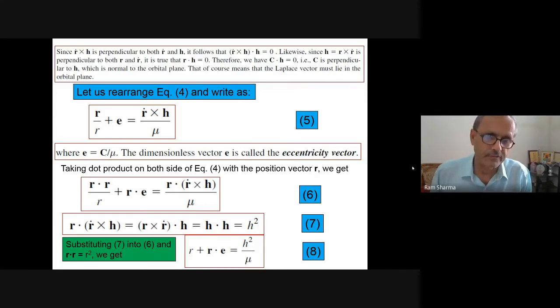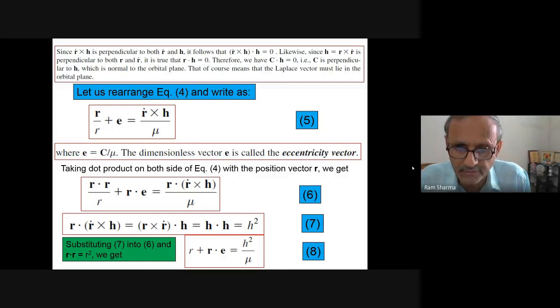Now R dot R cross H is equal to H square. So you replace that, and R dot R is R square. So R plus R dot E is equal to H square by mu.